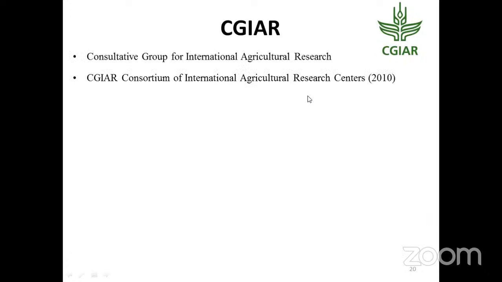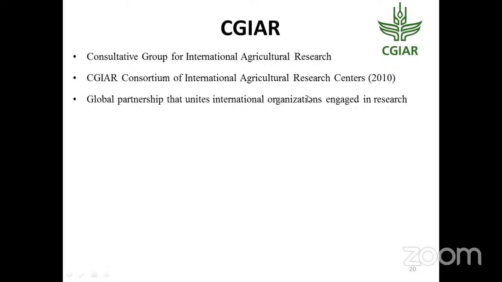Okay, then coming on to CGIAR, that is Consultative Group for International Agricultural Research. This is more important for us because we are very much involved in this. If you see our agriculture research system, we are much more connected to this CGIAR than any of the previously mentioned organizations.